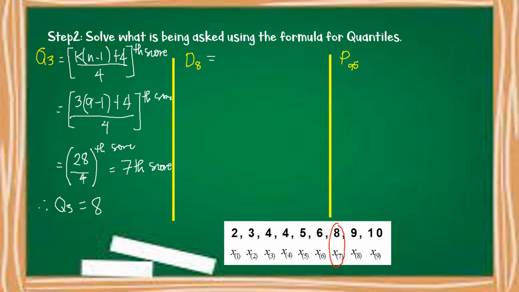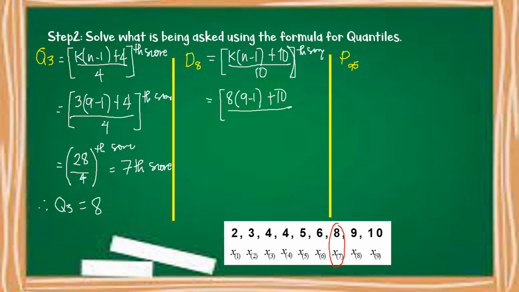Same procedure. So we have here the formula. This time it's plus 10 all over 10. So write the given. We have 9 minus 1 plus 10 divided by 10.